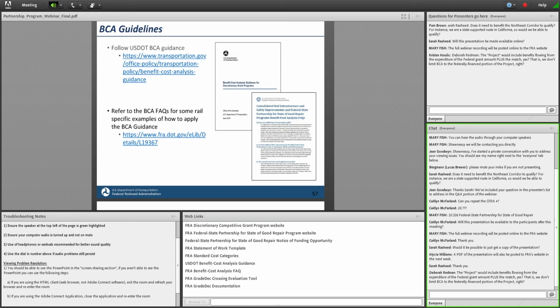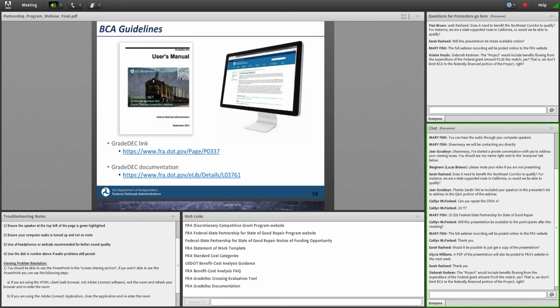We do have, like I said, the US DOT guidance, and we have smaller frequently asked questions that just clarify some of the points of the BCA guidance with rail specific examples. This is an additional tool that FRA provides for grade crossing and grade separation programs. We're very confident in it.